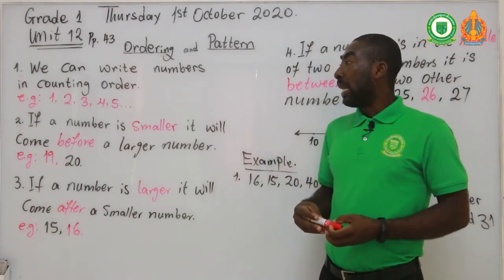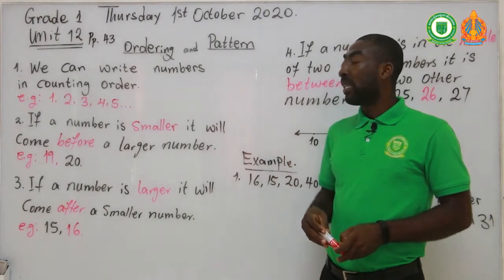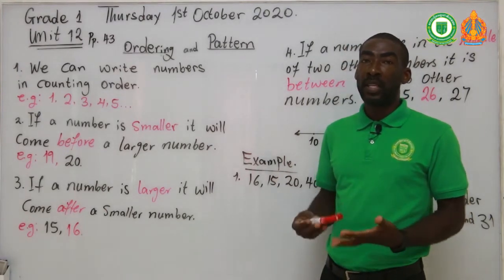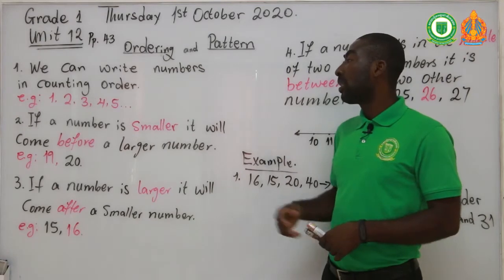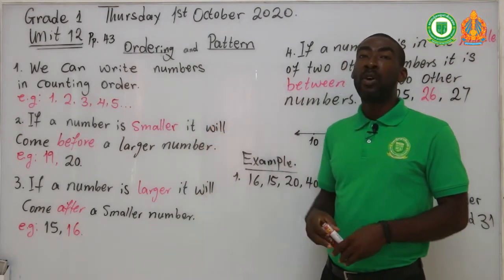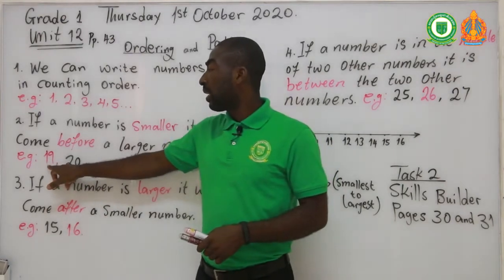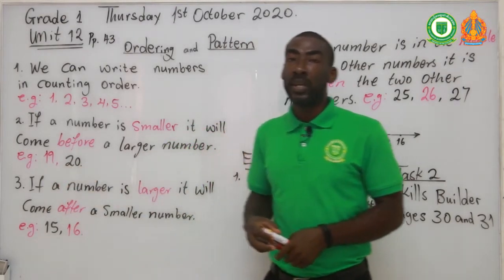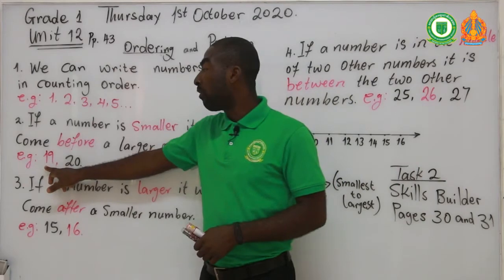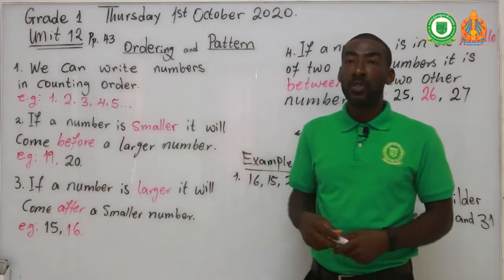Okay, and then when we say a number is smaller, it means that that number comes before a larger number. Okay, so 19 is smaller than 20. So 19 will come before 20.